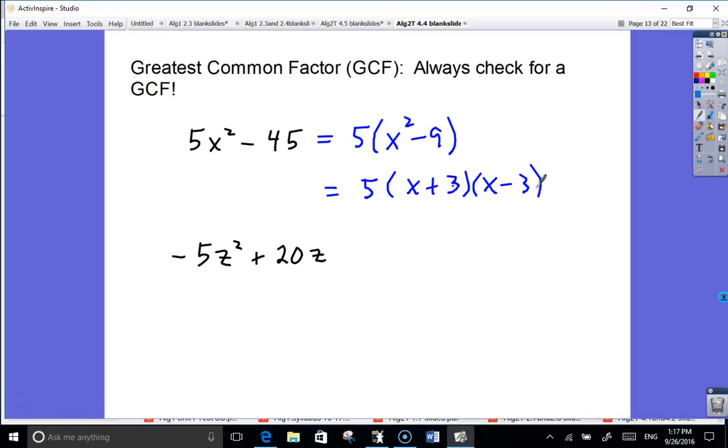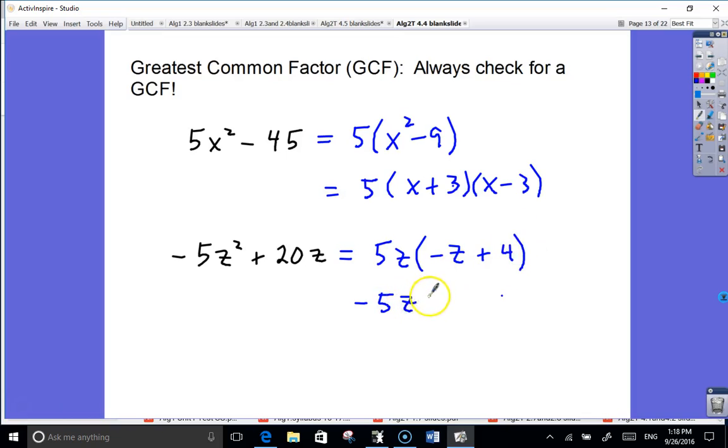How about the second one? What's the greatest common factor between those two? 5z. Okay. Well, let's see. You could say 5z. What else could you say? What about negative 5z? If you do positive 5z, then you're left with negative z plus 4.